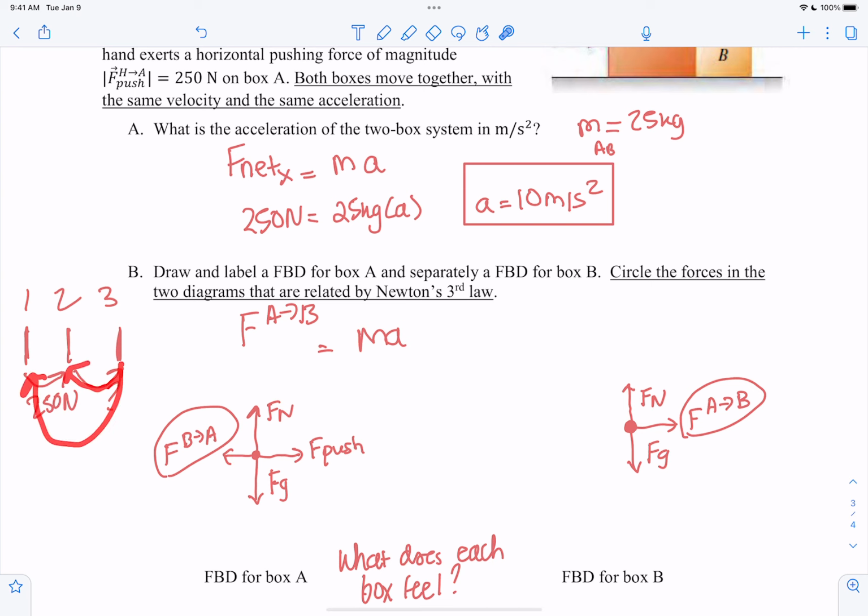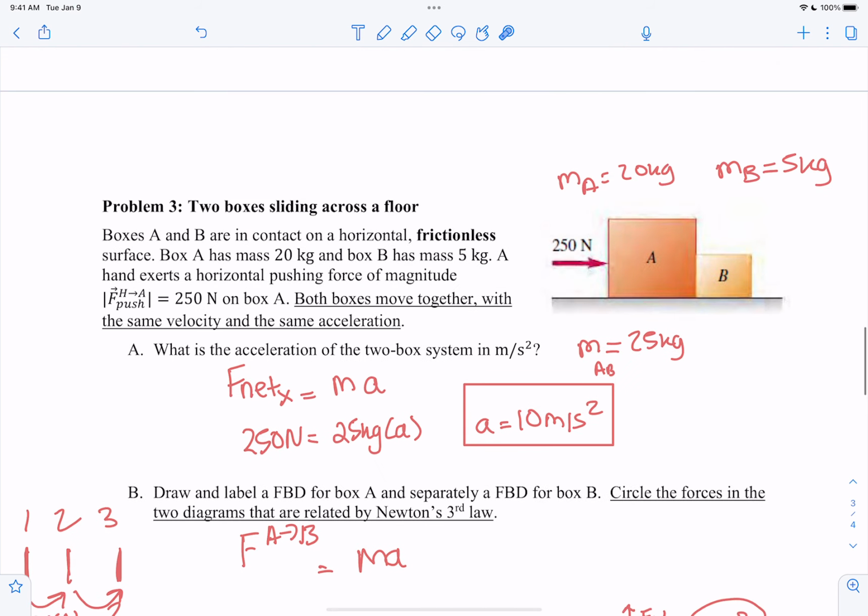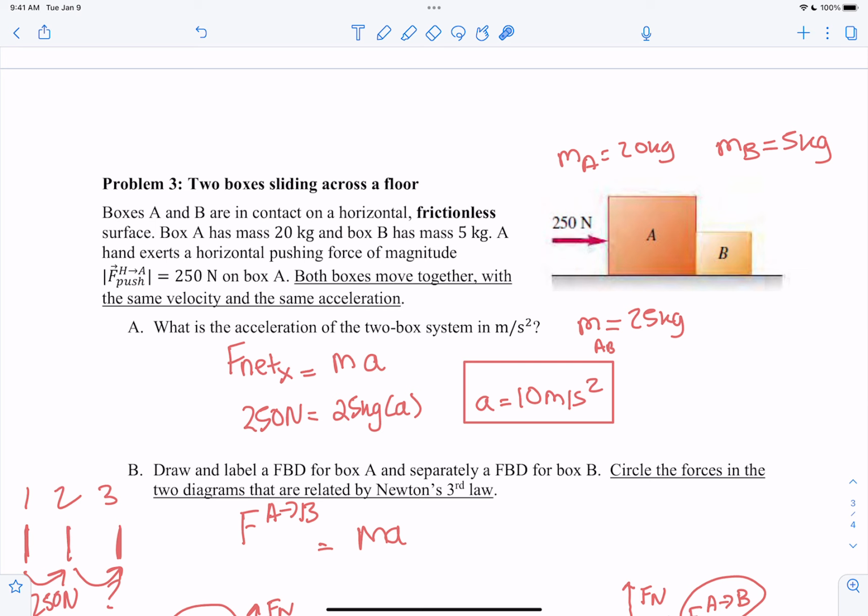I don't care about the person who instigated the action to begin with. I don't even know that they were there. I didn't know that they were acting that force. I'm just looking at the person that I directly felt pushing into me. So when I look at the F push, it applies to that first object.